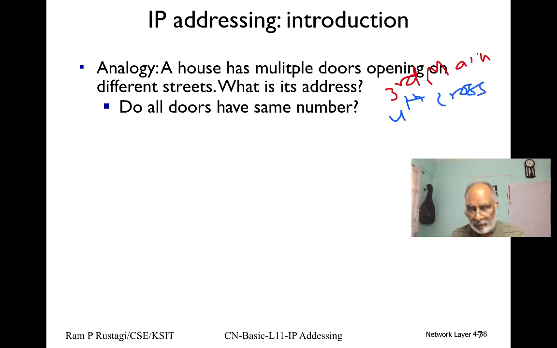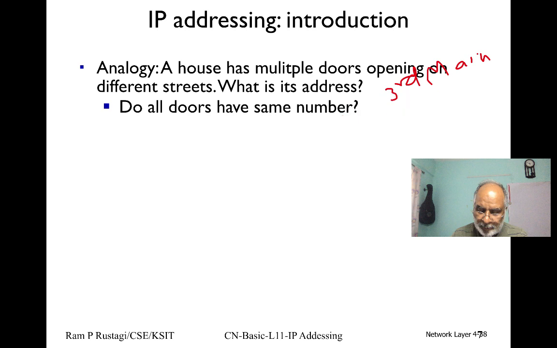On third main your house number happens to be 100, and on fourth cross your house door number happens to be 200. So what would your house address be? Would you call it 100 third main, or will you call it 200 fourth cross? What would be your house address?